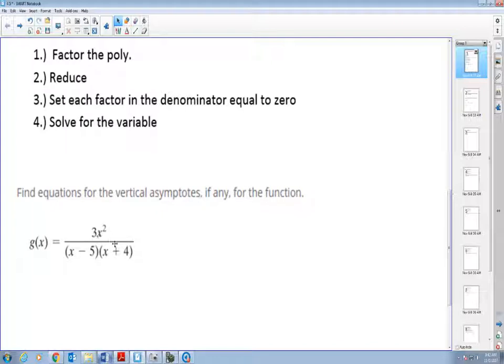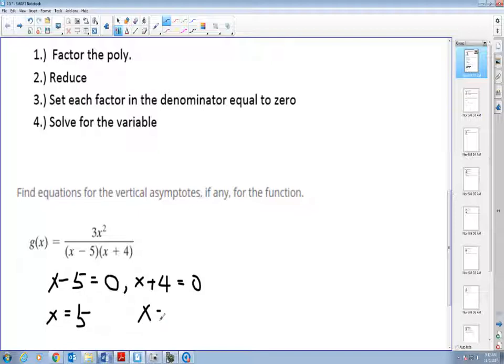So for example, this numerator here is only one term, so it cannot be factored. The denominator is already factored for me, so I don't have to do step number 1. There is nothing to reduce top and bottom, so step number 3, set each factor in the denominator equal to 0, and I quickly see x is equal to 5 and the other x is equal to negative 4.